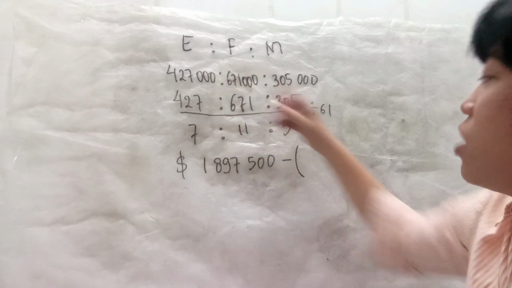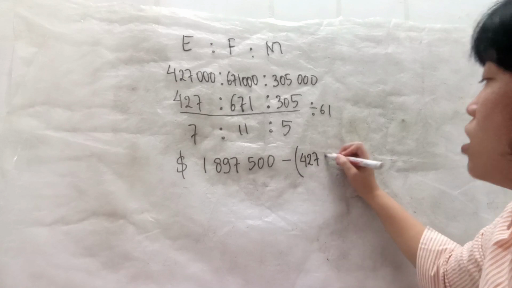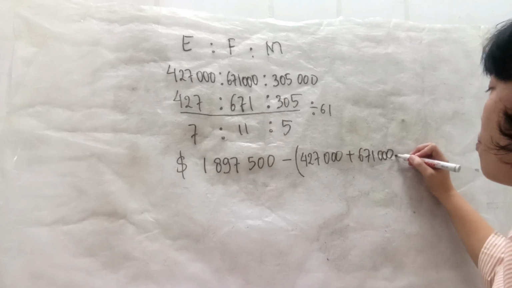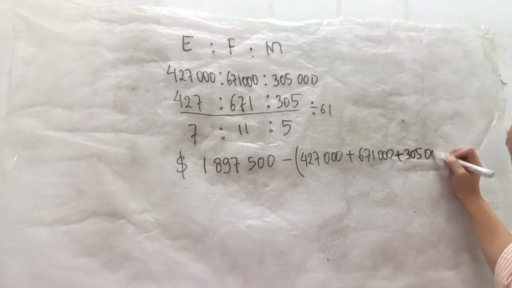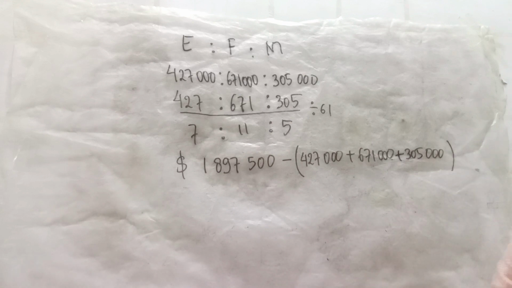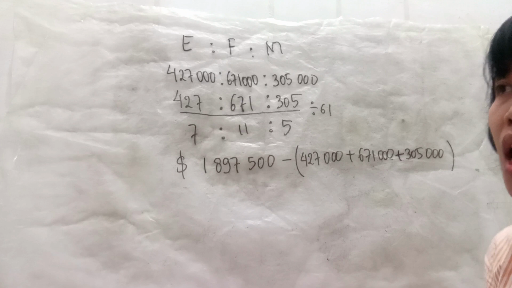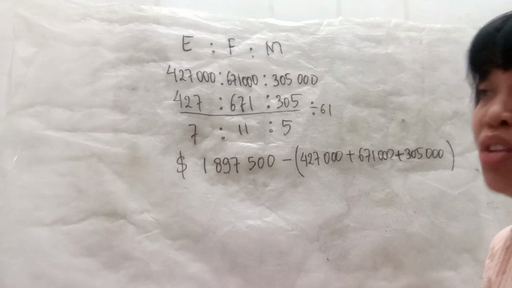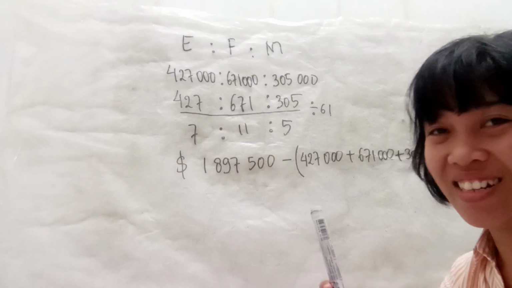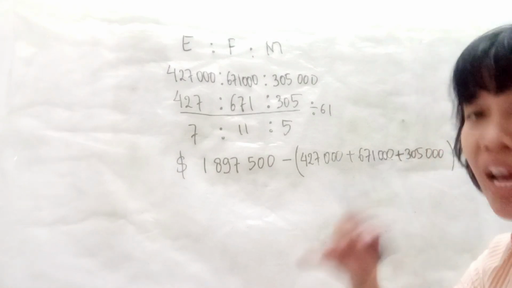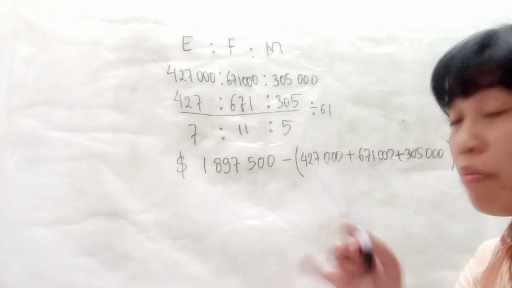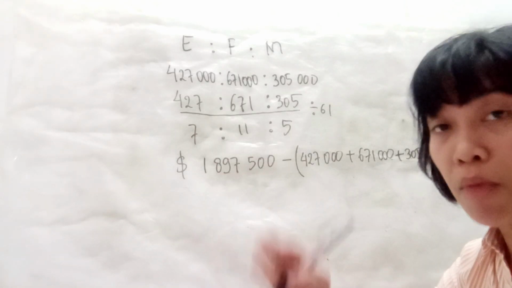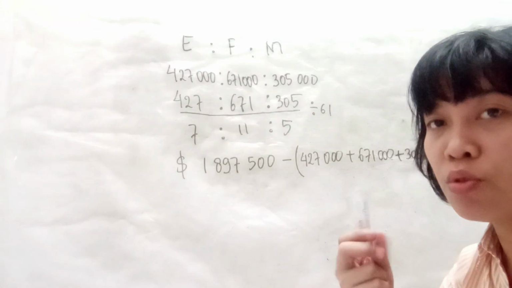Let's find the total of their investment here. 427,000 plus 671,000 plus 305,000. For those who are confused why we must minus their investment, just think like this. For example, if you buy this marker for $1 and then you sell it for $3, the profit is 3 minus the amount of money that you invested, so the profit becomes $2.